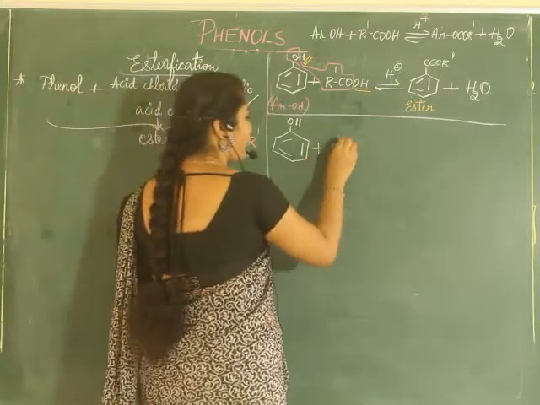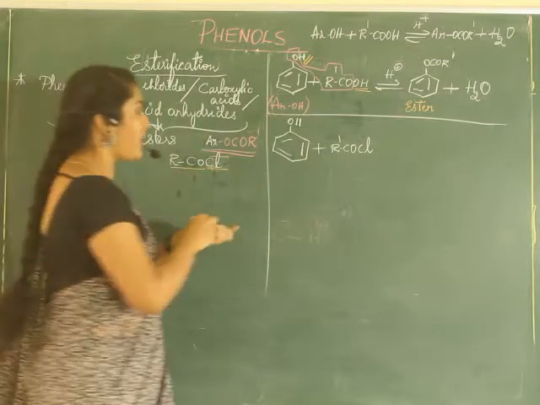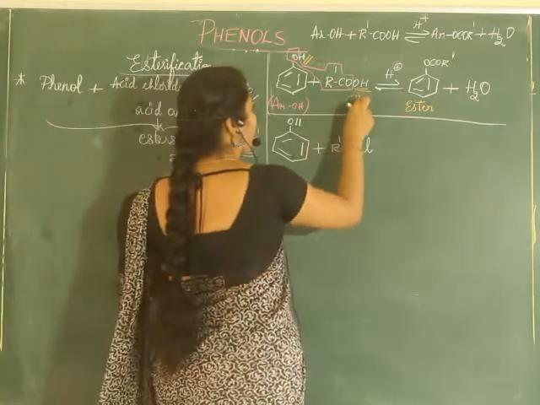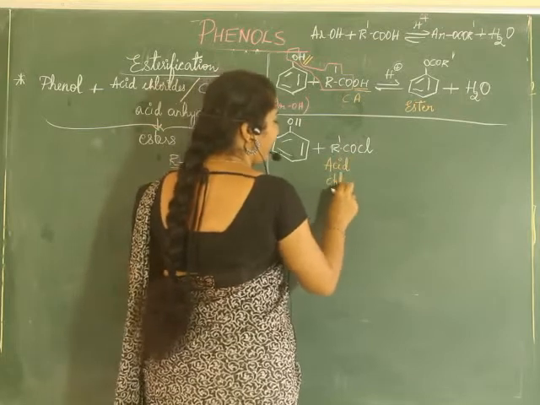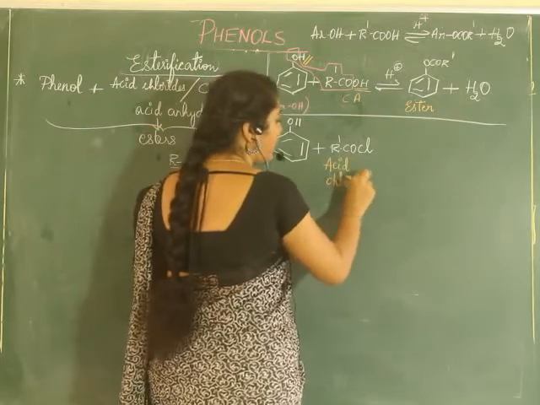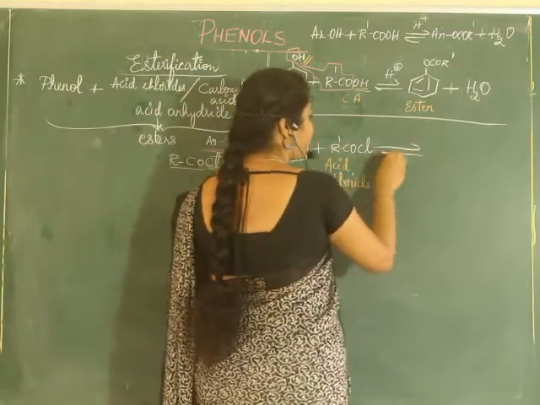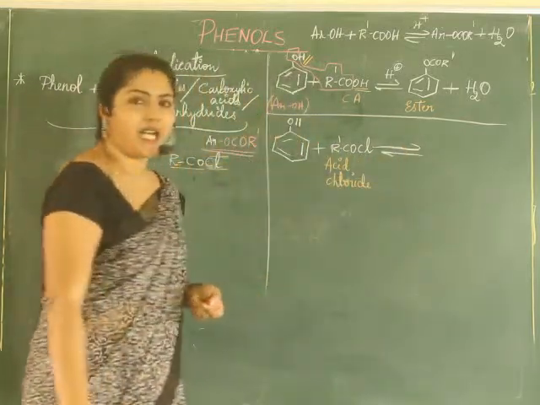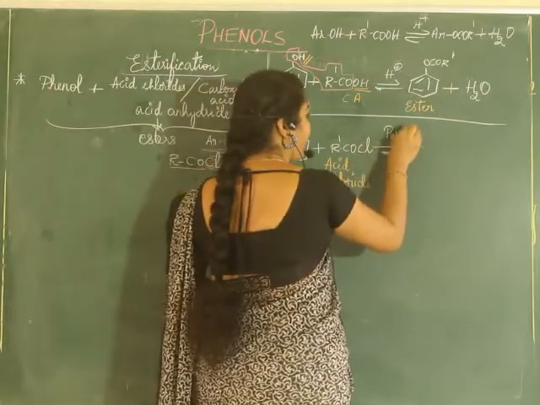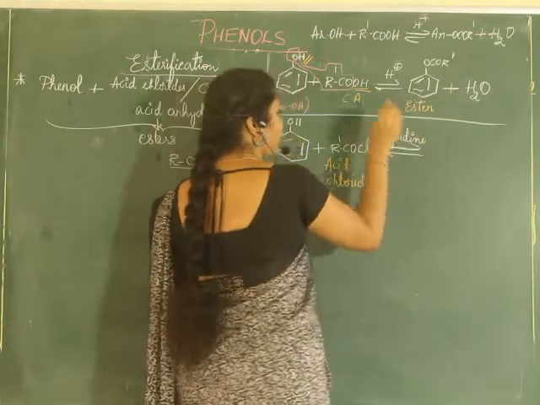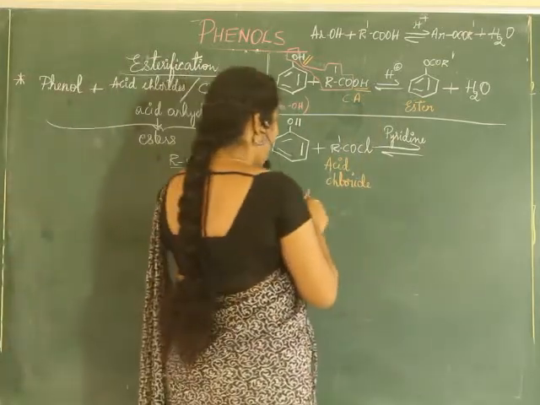So RCOCl is acid chloride. Let me mention, this is carboxylic acid, this is acid chloride. They call it acetyl chloride also. Now what happens? Here the condition is that this takes place in the presence of pyridine. Pyridine is a base.